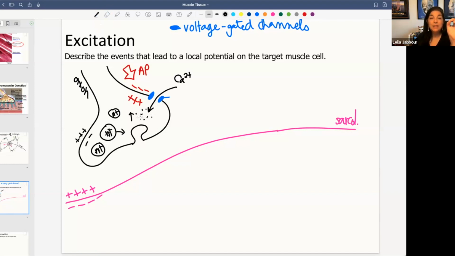But when calcium levels rise, and it's a very common story in other physiological events in the body, levels of calcium rising in a cell promotes exocytosis. That's how it works. So the exocytosis here is going to be of the acetylcholine.